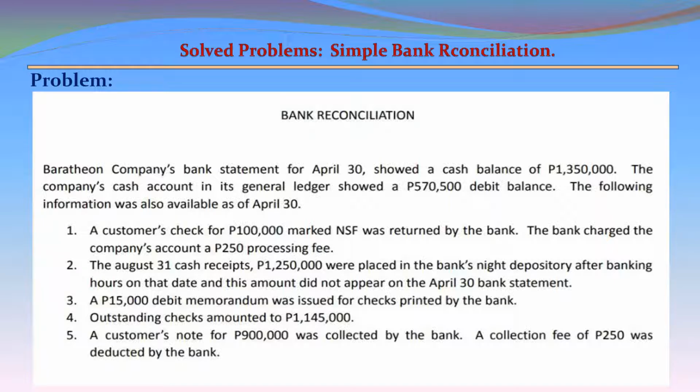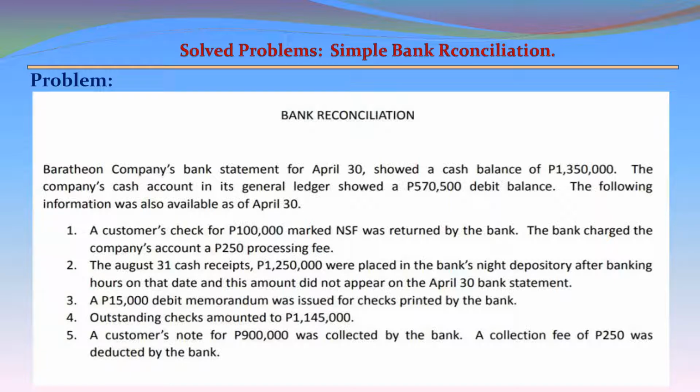Number 2. The August 31 cash receipts of 1,250,000 were placed in the bank's night depository after banking hours on that date, and this amount did not appear on the April 30 bank statement. Number 3.